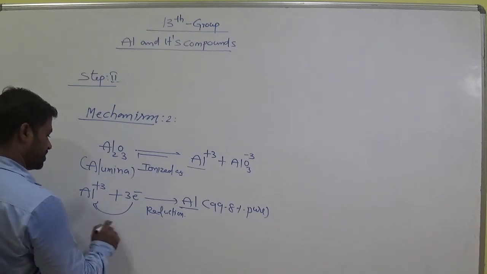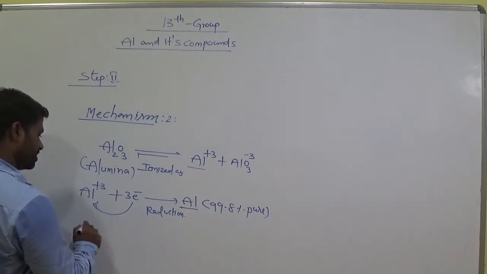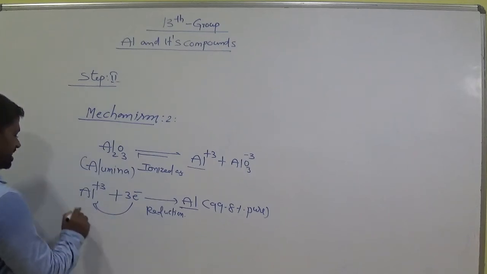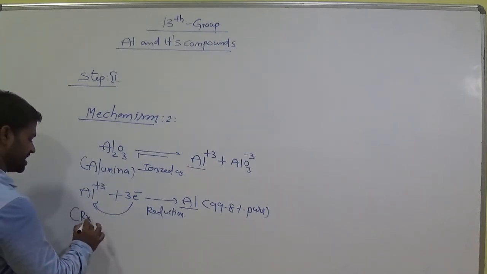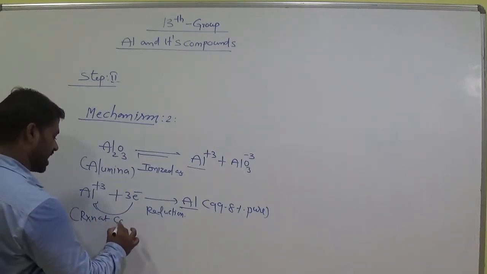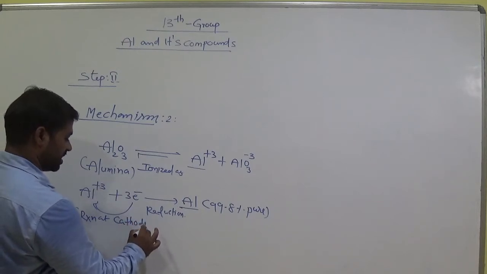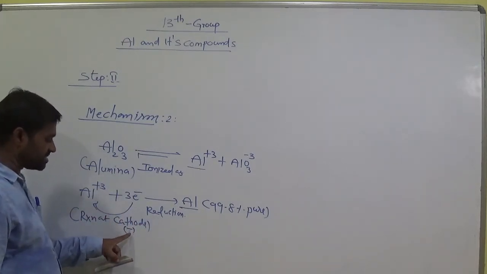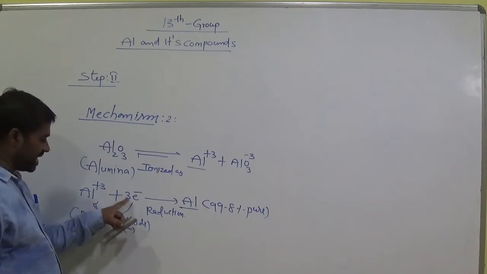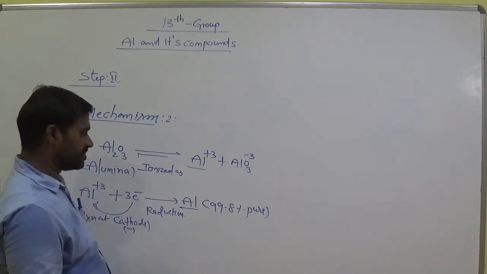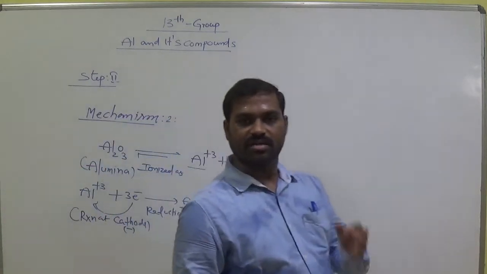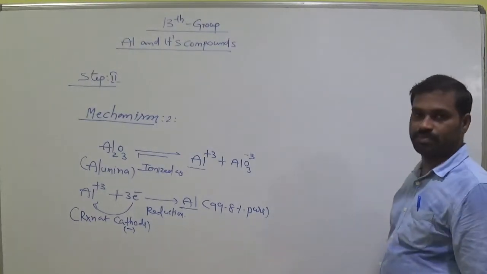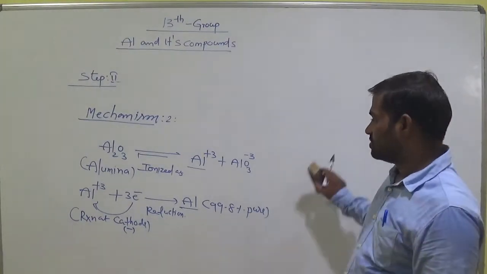Okay. So now this reaction at the cathode. Am I right? Aluminum plus 3 moves towards the cathode. This cathode has electrons. This cathode provides 3 electrons to Al plus 3. Okay, clear? Everyone? So this is mechanism 2.